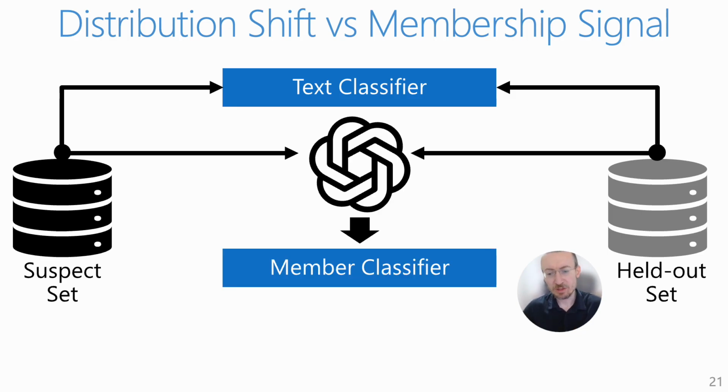Now, what if we also use another signal, not only from the text itself, but also from the model? In this case, our member classifier does not only use the features of the text, but also signals from the LLM. So now we also additionally incorporate in our method the knowledge from the LLM. We here intuitively check if the LLM has some knowledge about our suspect set.